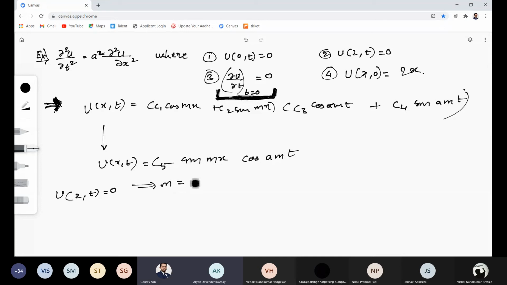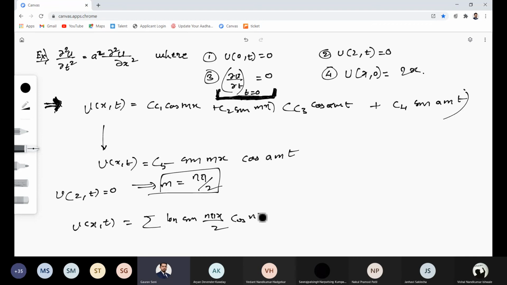N pi by 2 exactly. So u of x comma t, combine all the solutions, summation bn sine n pi x by 2 cos n pi a t by 2. Now find out bn.